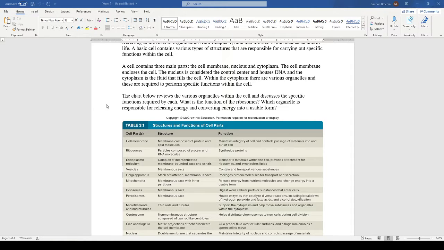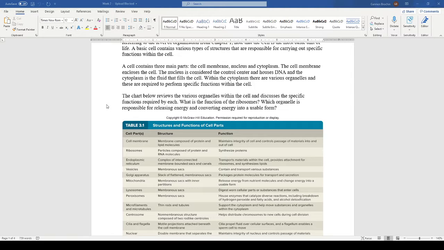The cell membrane is really in charge of permeability of the cell, and that's to say how stuff comes in and out of the cell. Okay, certain things can go through the cell membrane very easily. Other things cannot go through the membrane without expending energy, utilizing transport proteins, anything of that nature.